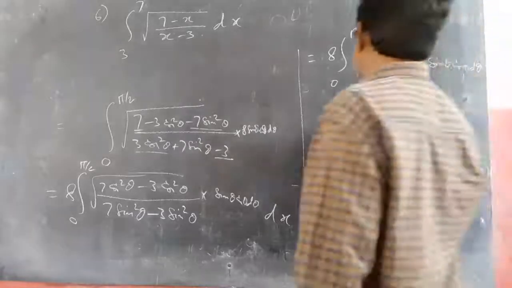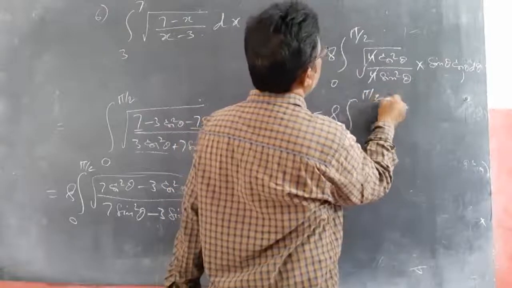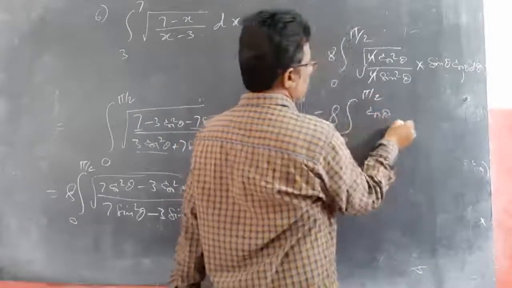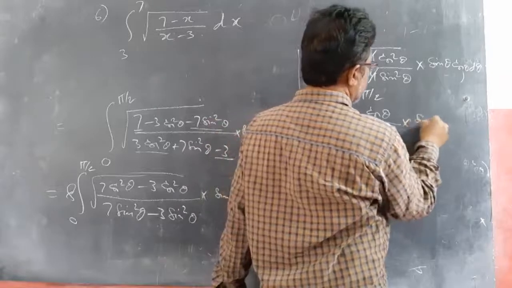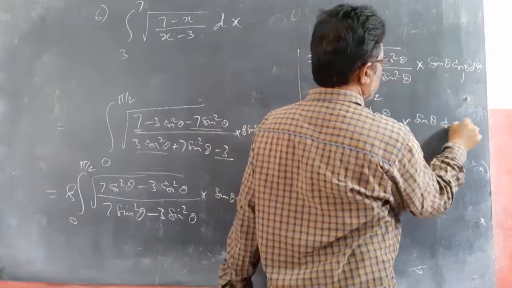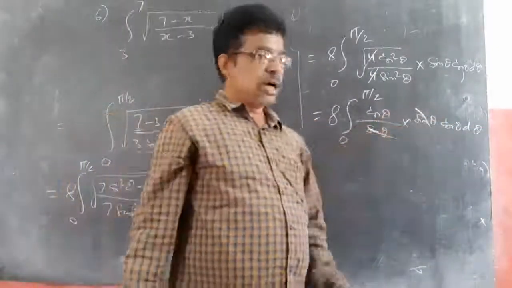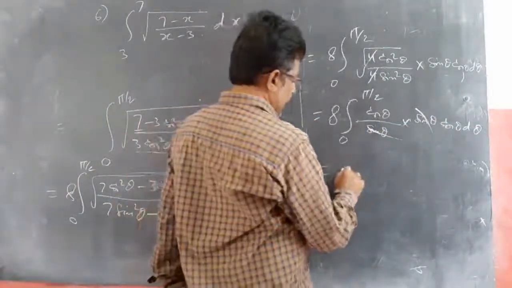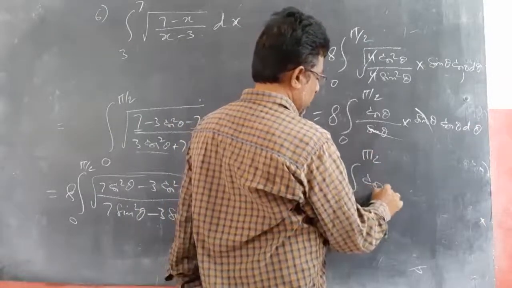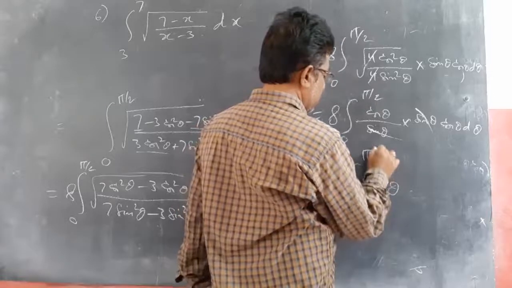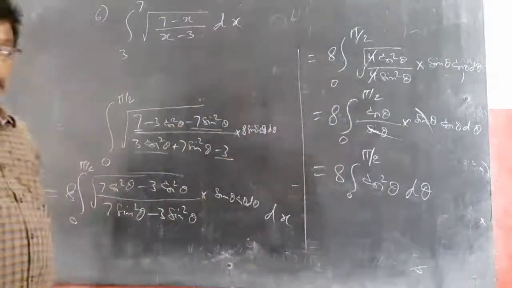This is also cos theta. I will make one more step: 8 into integral of 0 to pi by 2 cos theta by sin theta into sin theta cos theta d theta. So the sin gets cancelled. This becomes cos into cos, cos square theta. So 8 into 0 to pi by 2 cos square theta d theta.